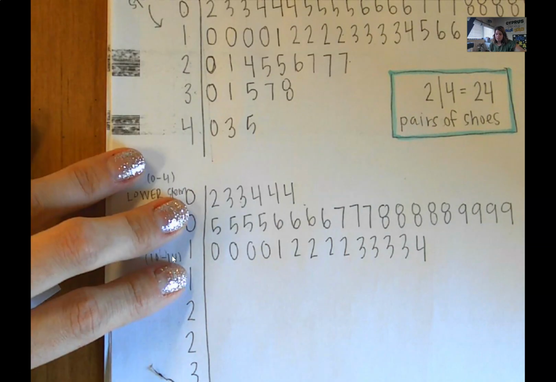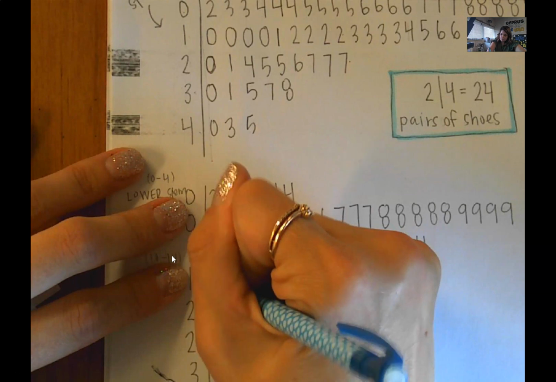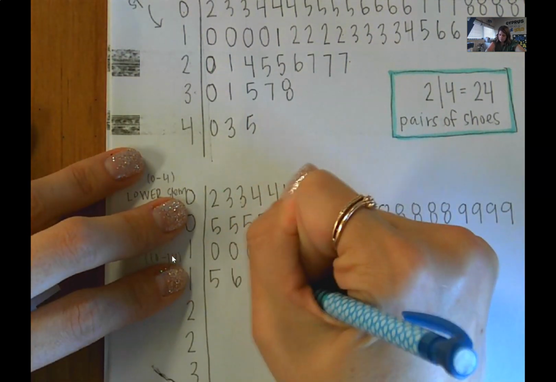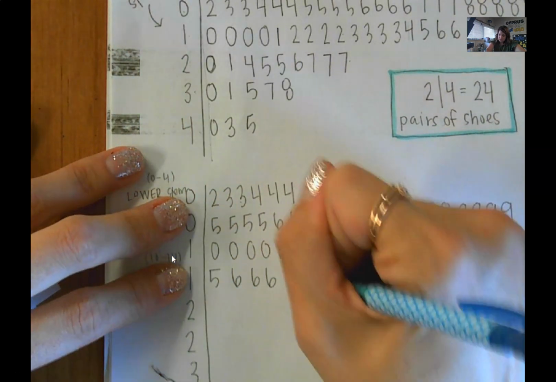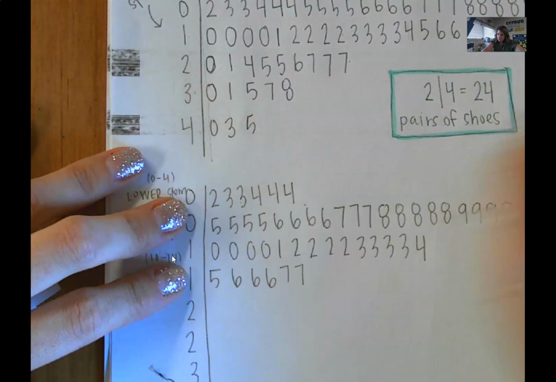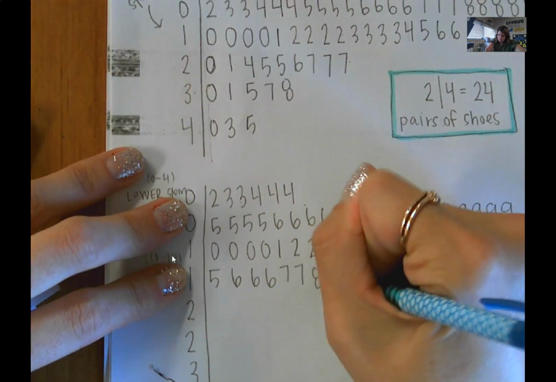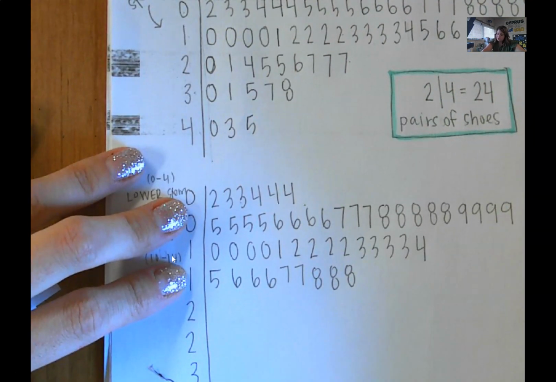On the upper stem, I'm putting 1 5, 3 6s, 2 7s, 3 8s, 2 9s.